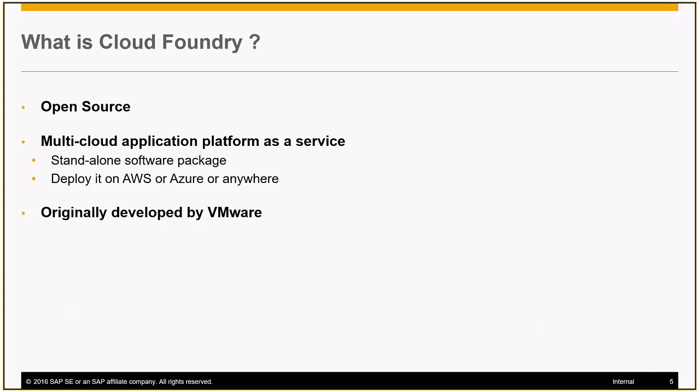So it can be anywhere. And that's the beauty of it. You're not tied to an IaaS vendor. So say you are using Cloud Foundry on Azure, you don't like it, you can move to AWS Cloud Foundry because you're not tied to the IaaS. This Cloud Foundry can run on any of these IaaS.